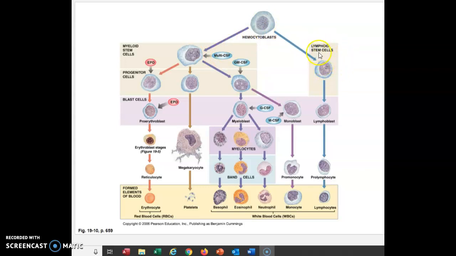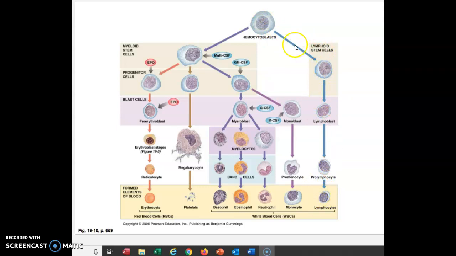If it becomes a lymphoid stem cell, it will eventually develop into a lymphocyte. There are actually several kinds of lymphocytes we'll be looking at later on. They are primarily B cells, T cells, and something called a natural killer cell. All those are lymphocytes, but we'll get into that a little later.